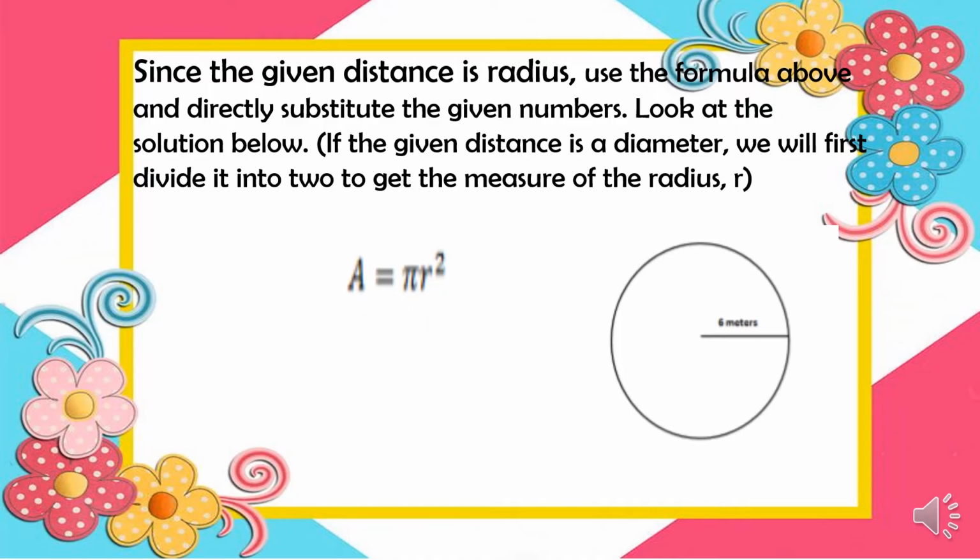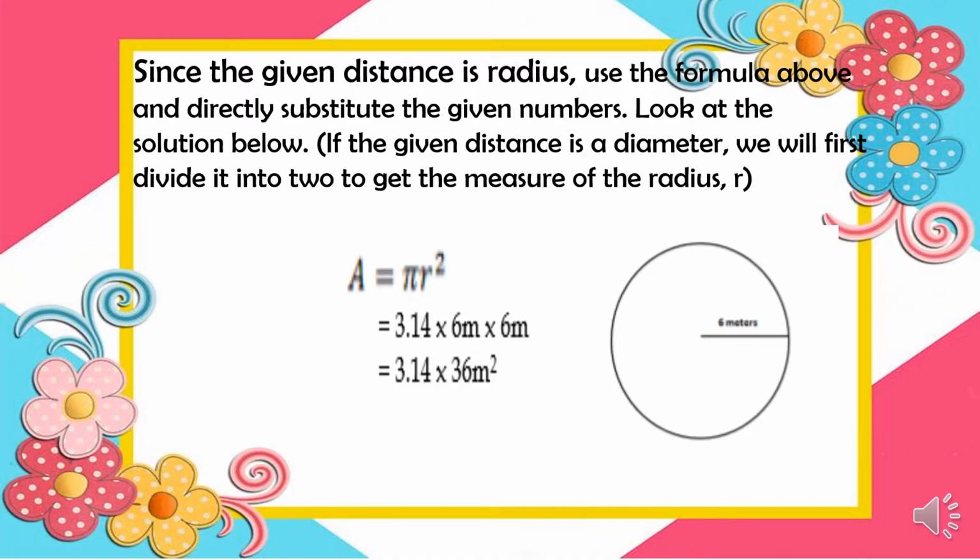So here is the solution. The circle has 6 meters as the radius. If we are going to use the formula A equals pi r squared, pi is equivalent to 3.14 times 6, which is the radius, times 6. So we will double the radius.